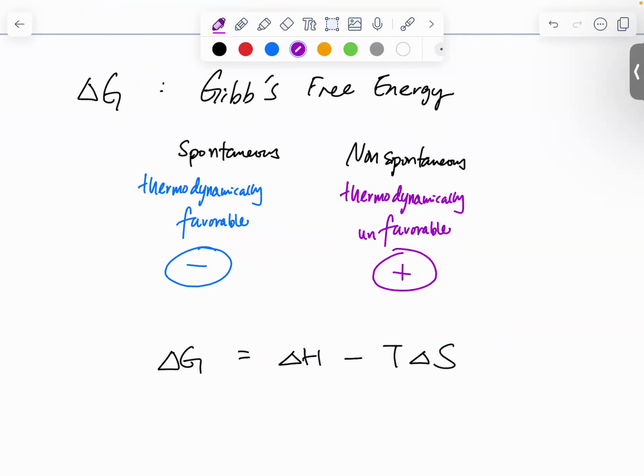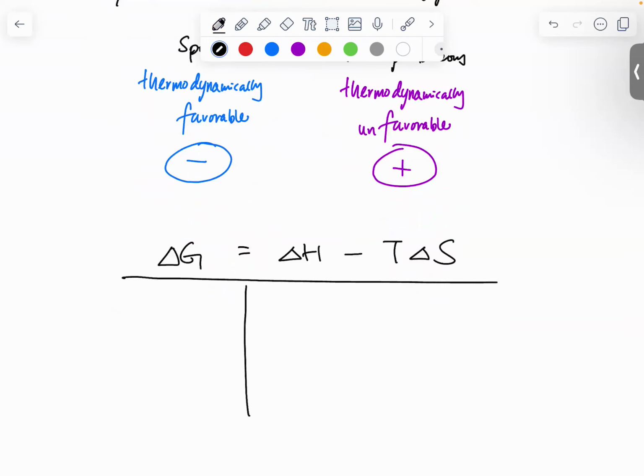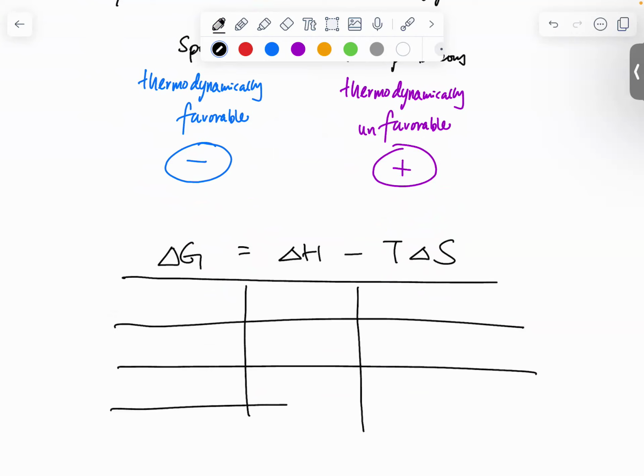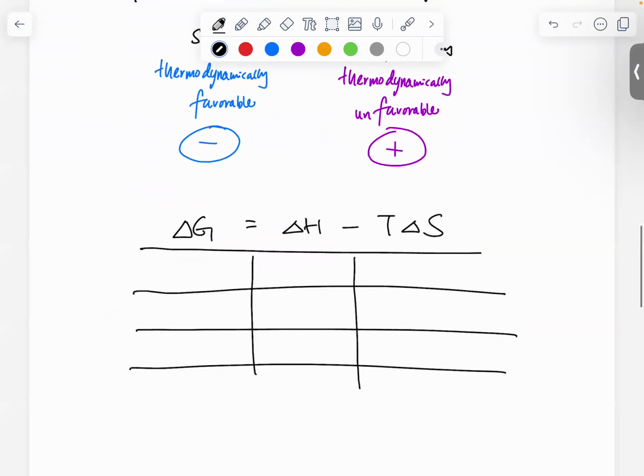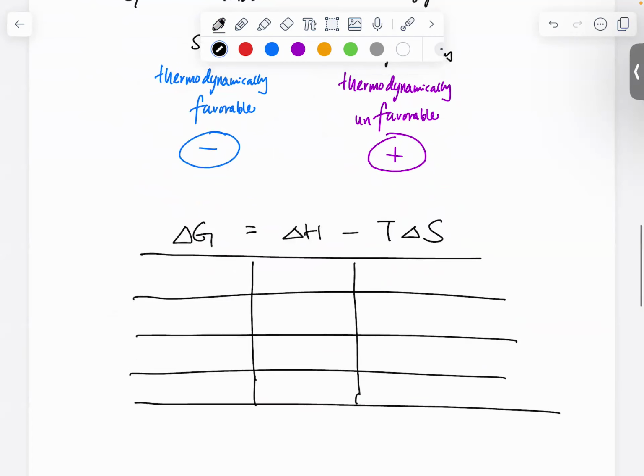Like, don't memorize, because logically whatever your S is will determine whatever your G is, right? I mean, it's going to be both H and S together. But my question is how come spontaneous is negative?